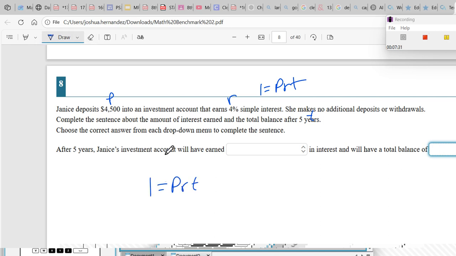I equals PRT. We don't know what the interest is, but we can go further. It's 4,500 times my rate of 4% times my term of 5.